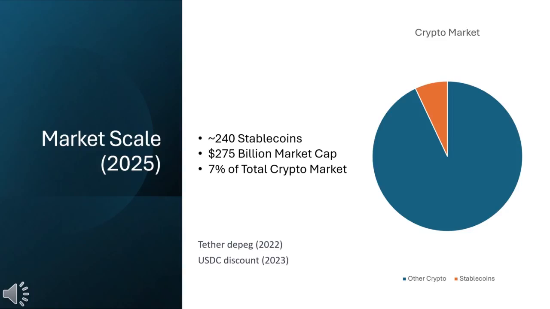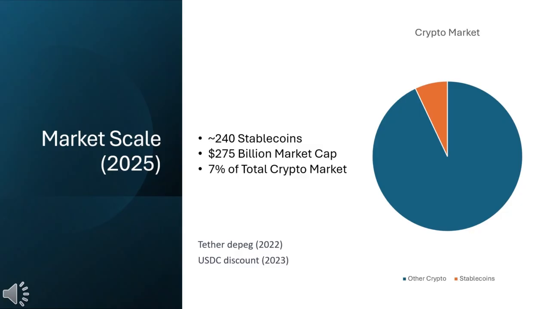Regarding stability, the gold standard showed relatively low long-term inflation, but at the cost of short-term output and employment fluctuations. Stablecoins may aim to maintain stable nominal value in volatile cryptocurrency markets, but recent evidence suggests their stability is neither guaranteed nor inherent.